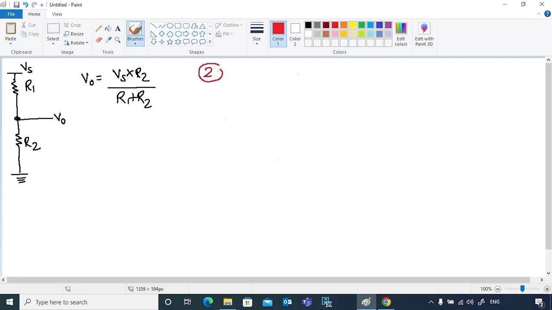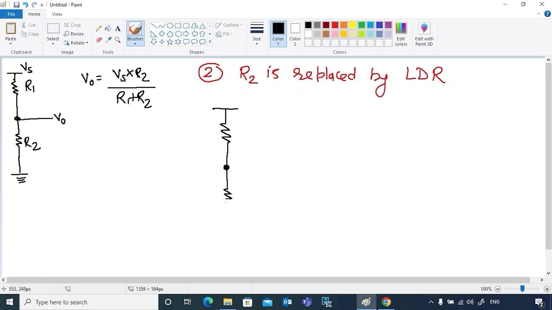Now the second case, when R2 is replaced by LDR. This is the R1, and this is the R2.